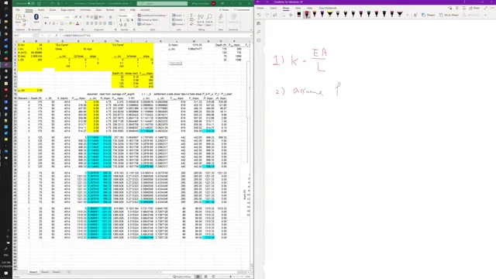Then we assume the base settlements at the start of the loading, and we put this equal to 0. This parameter means the base settlement, the settlement at the toe, and we need to assume this number.